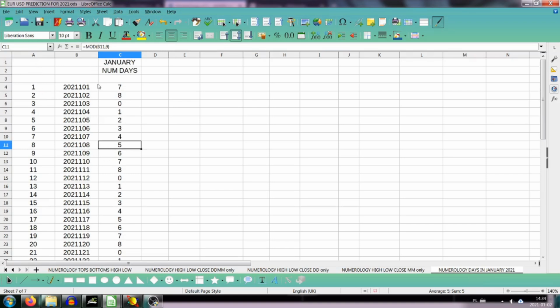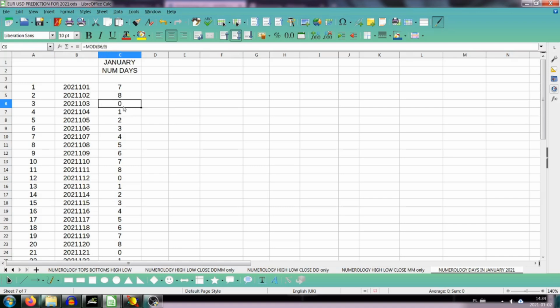January 2021 numerological days. So 1st of January 2021 is numerological 7. And 8, 0 is instead of 9, just like the moding formula calculated it. I remind you that this cell is equal to mode, and mode, we put the colon and the moding value.